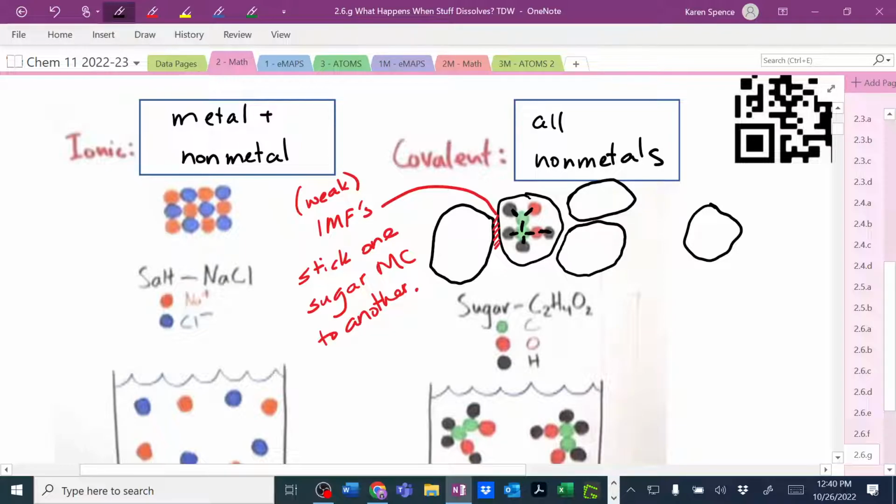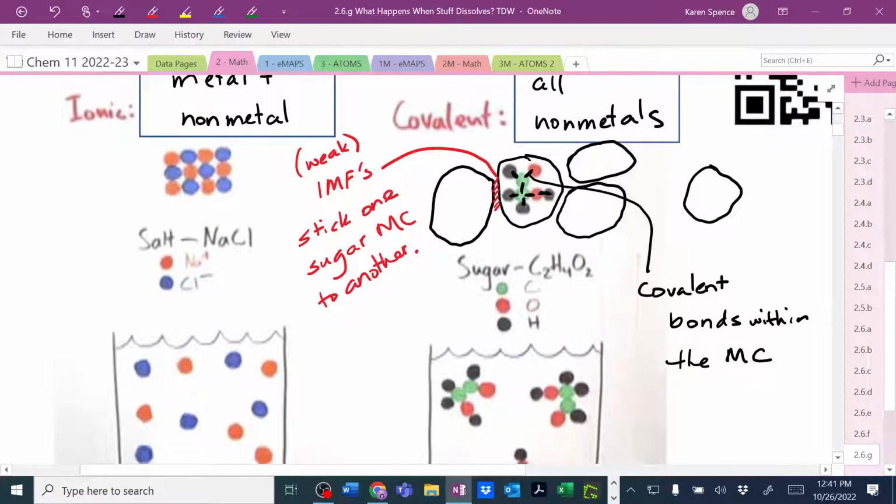Those are covalent bonds. Are those strong or are they weak? Those are strong. So it is the weak intermolecular forces that break between the sugar molecules, and the strong covalent bonds stay intact.